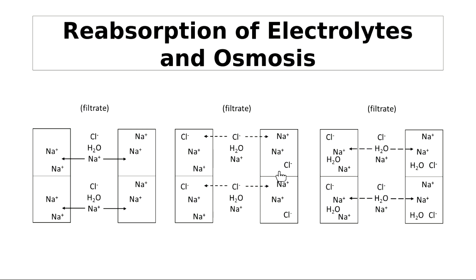So you have more solutes inside the cells, fewer in the filtrate in the middle. So you have more water in the filtrate than you do in the cells. So the third image here is showing how water will passively flow from where it's more abundant in the filtrate to where it's less abundant in the cells. So the reabsorption of sodium by aldosterone causes chloride ions to be reabsorbed and water to be reabsorbed.